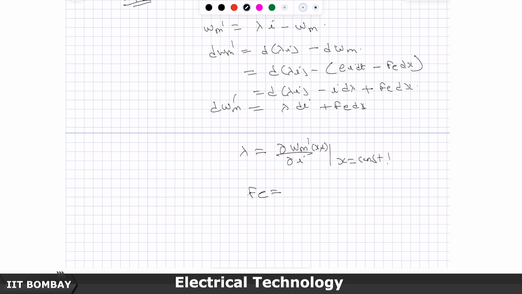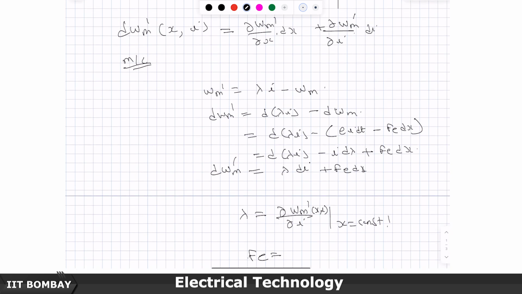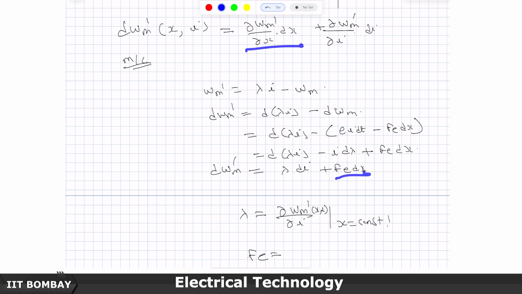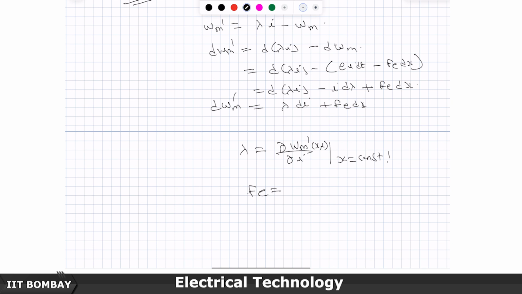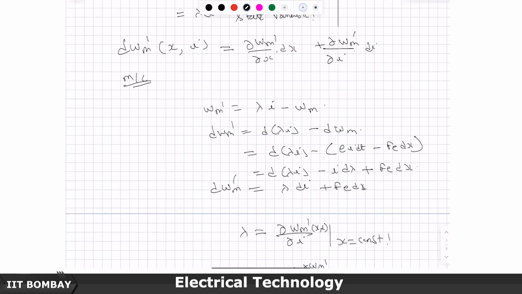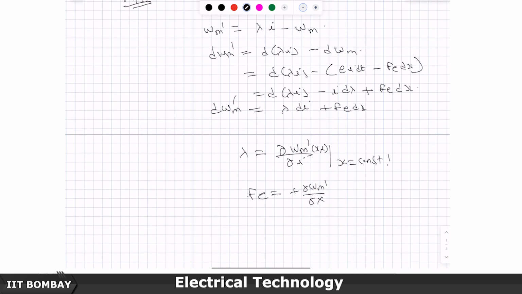Fe will be equal to, equating the dx and dx part here, plus this thing, partial derivative with respect to x, keeping I constant.